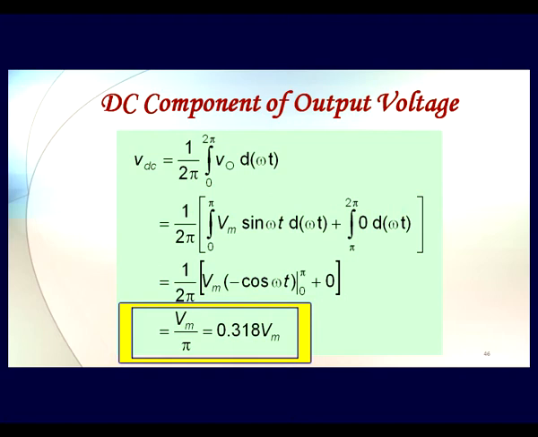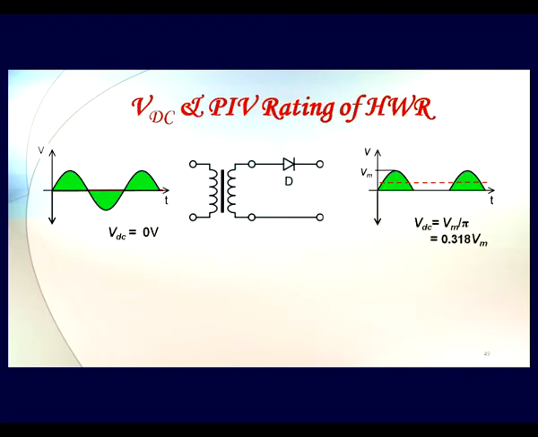So 0.318 Vm is the DC component of the half wave rectifier. That's the same thing we are depicting here on the left hand side: follow this red line, the DC voltage is 0, but here the DC voltage level has shifted to 0.318 of the peak value Vm.